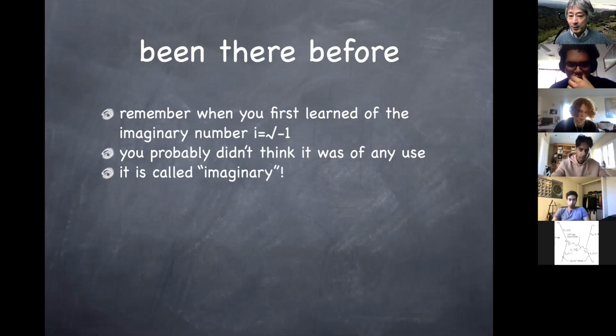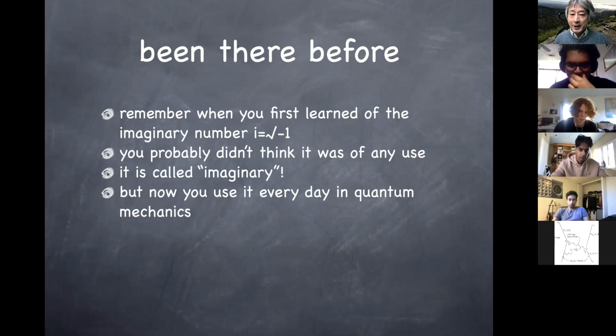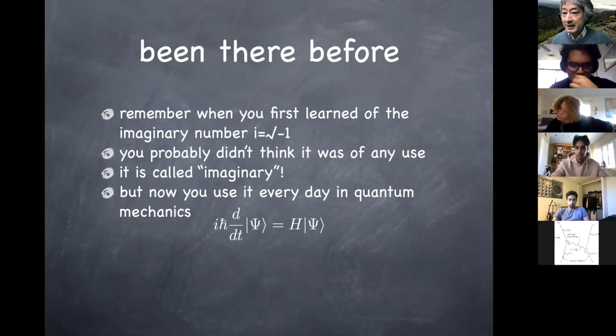It has nothing to do with the real world. But now that you have studied quantum mechanics, you are using i every day, right? Because when you write a Schrödinger equation, you need i in it. So all of a sudden, complex numbers became part of your daily life. Whenever you think about quantum mechanics, you cannot avoid imaginary numbers or complex numbers.